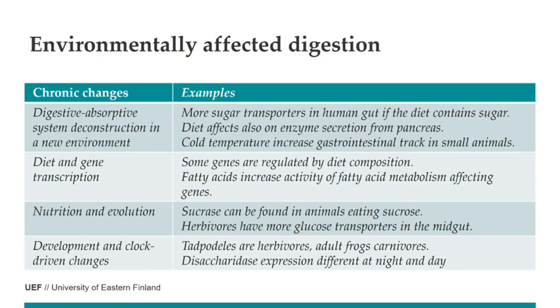Or in regular mice, the ability to cut the disaccharides with disaccharidases is different at nighttime and daytime. And this also affects how digestion is working in the springtime, in the summertime, in the fall, and then in the wintertime.